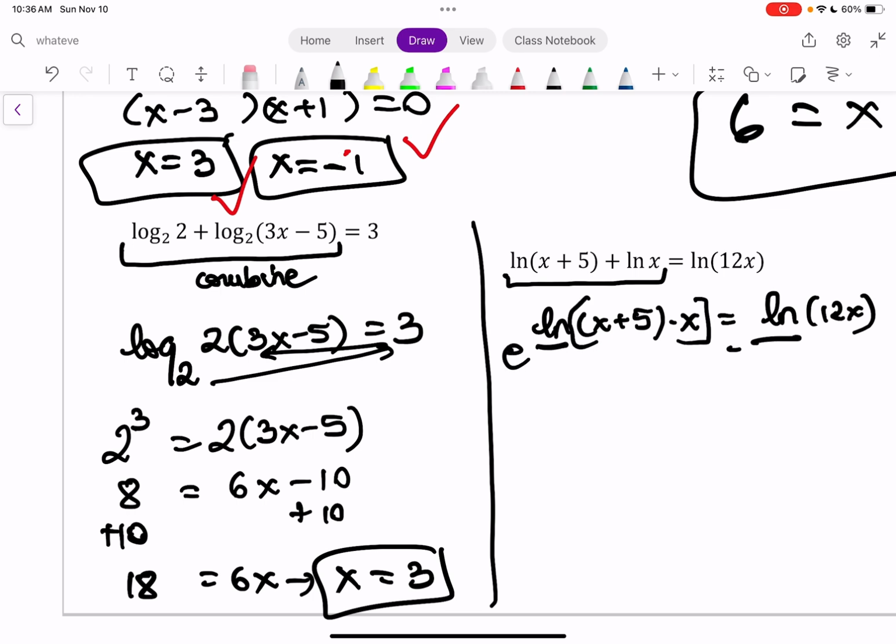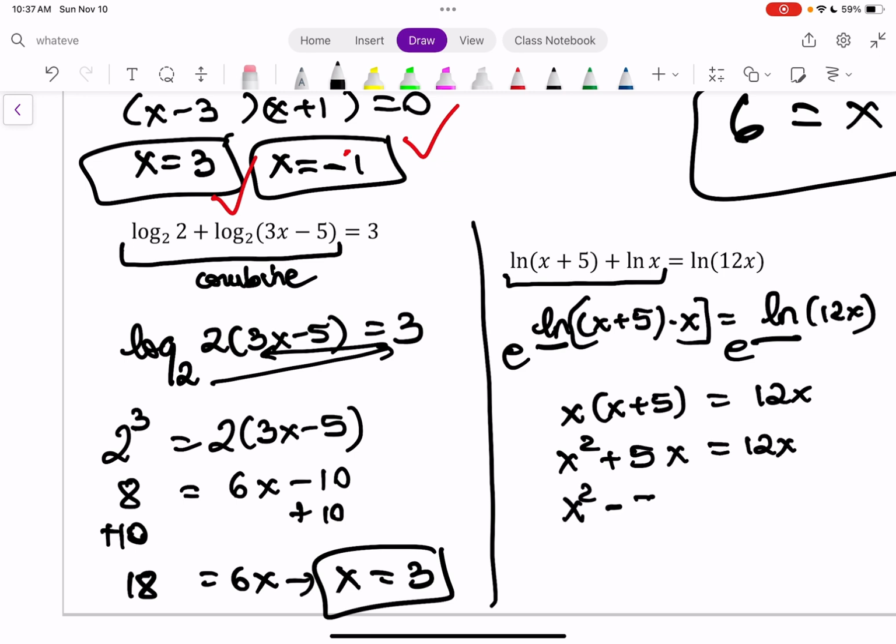You basically put a base of e on both sides of the log, and that takes each of these individual logs away. So as you see, we end up again with an exponential equation. So two answers, right?